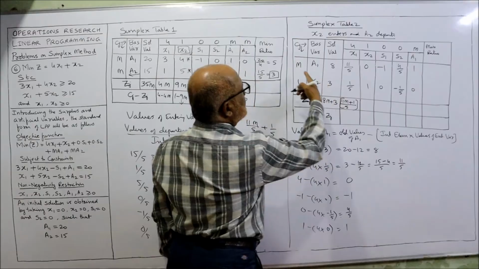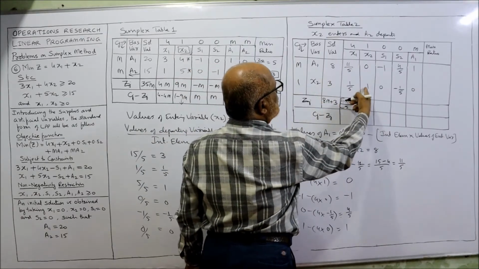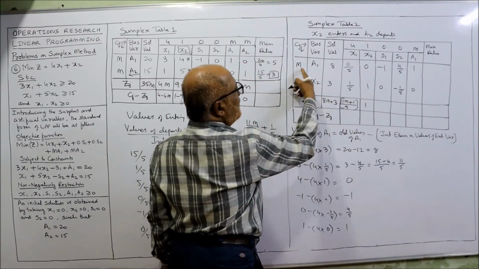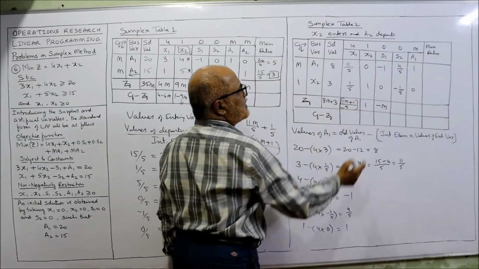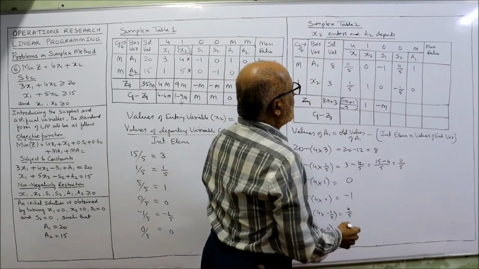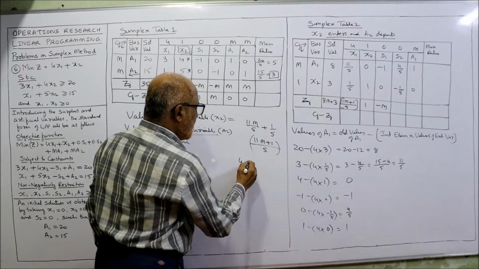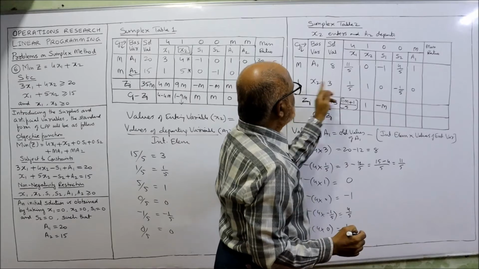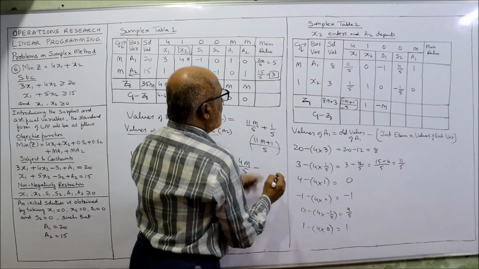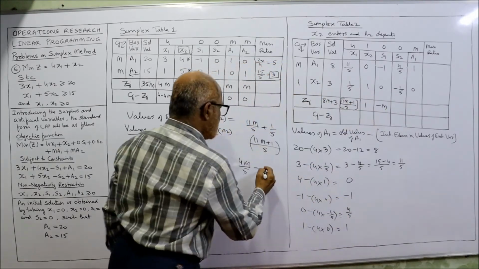Right? Similarly, M into 0 is 0. 1 into 1 is 1. M into minus 1 is minus M, because 1 into 0 is 0. M into 4 by 5, 4M by 5. Plus into minus will be minus, 1 into 1 by 5 is 1 by 5.